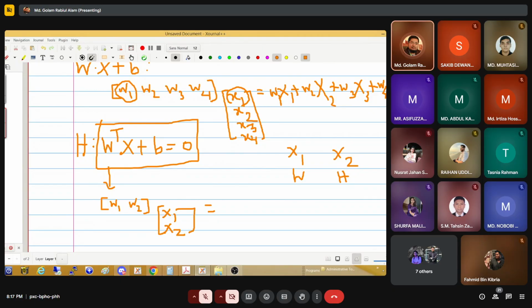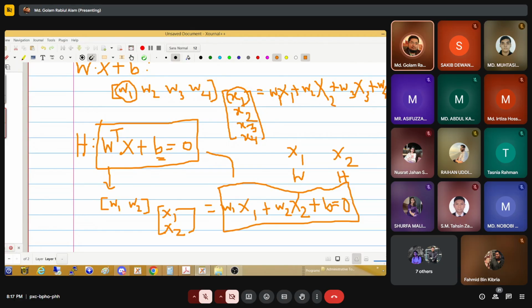So the equation will be w1 x1 plus w2 x2 plus b equals 0. This is the equation for our two-dimensional case. In the two-dimensional case, we get a hyperplane that is equivalent to our line. This is the line equation.